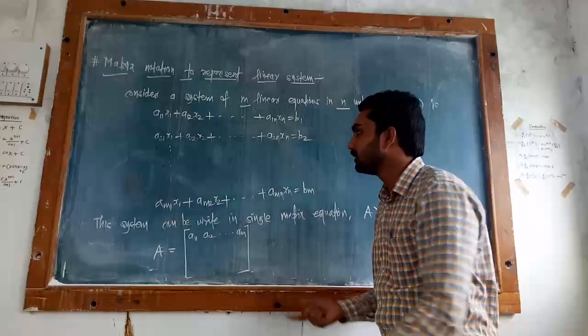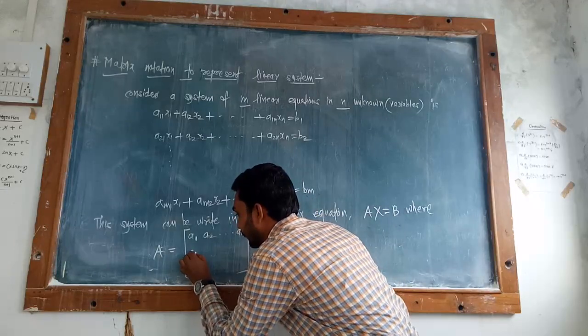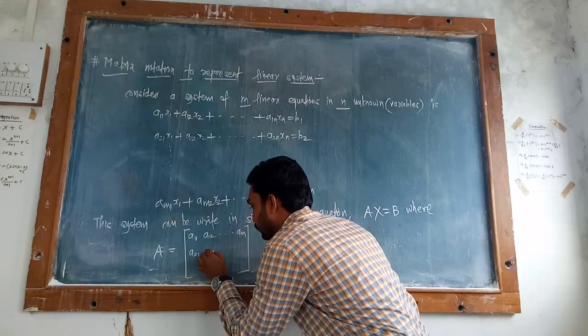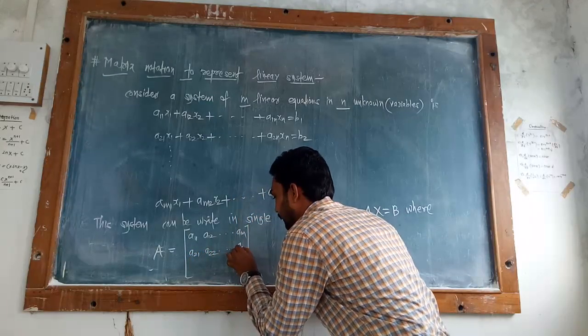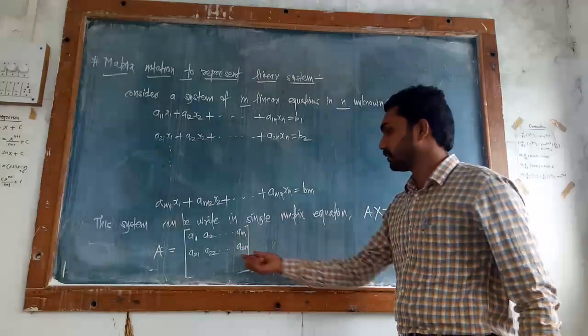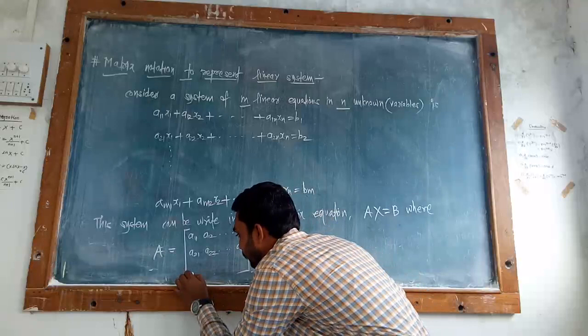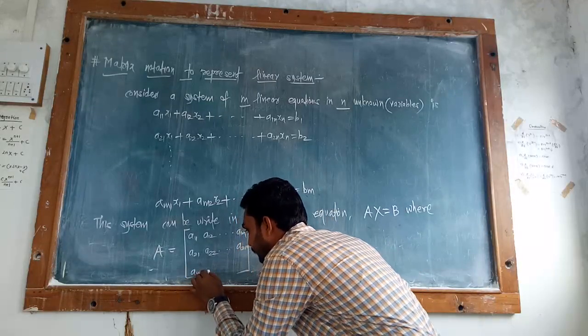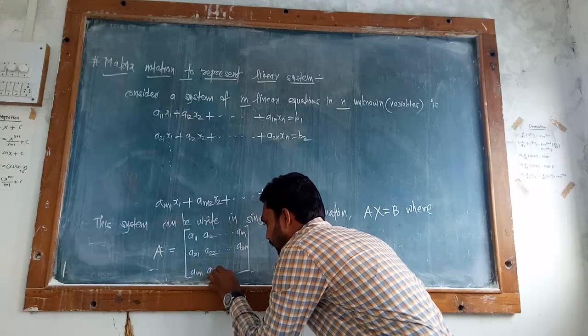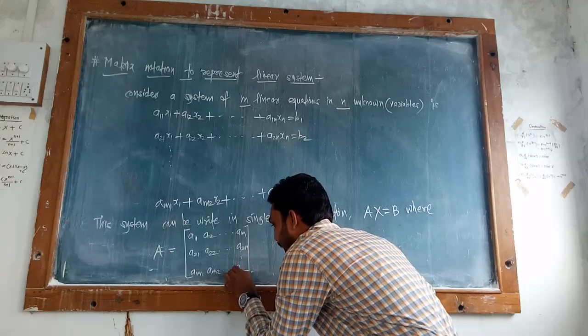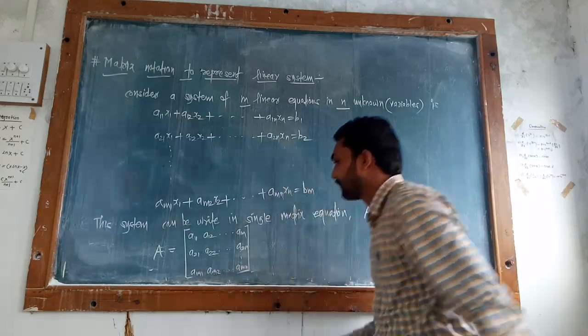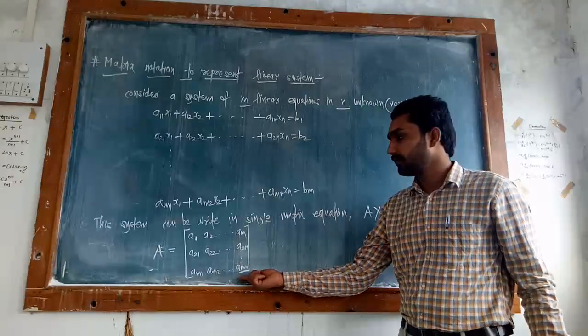What is the second row? Those are the coefficients of x1: a21, a22 up to a2n. This is the second row. What is the last, m-th row of coefficients? That is am1, am2 up to amn. This is your matrix.